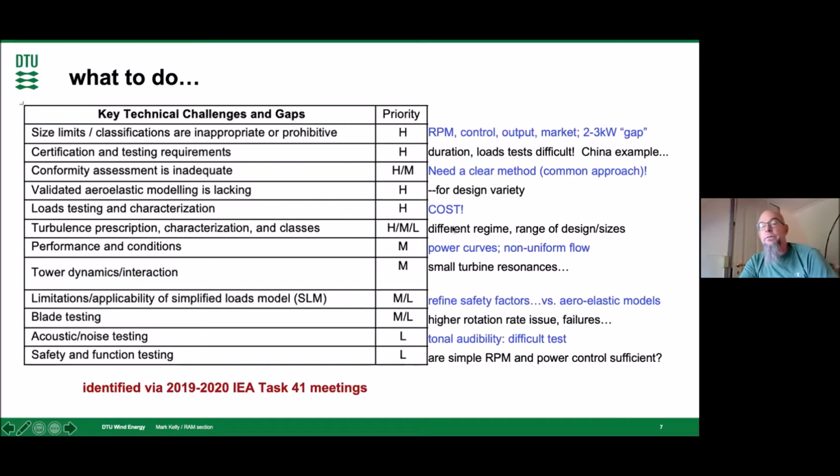What about turbulence? Like I mentioned earlier, we have different turbulence regimes depending on where you place a turbine and how the turbulence will affect it. It depends on the size and the type of design you have for a turbine, right? So that needs to be addressed. As I mentioned previously, the power curves in complicated, non-uniform flow situations need to be better documented and tested as well.